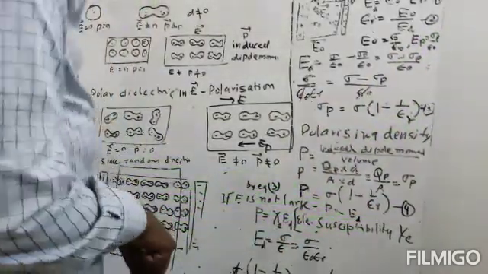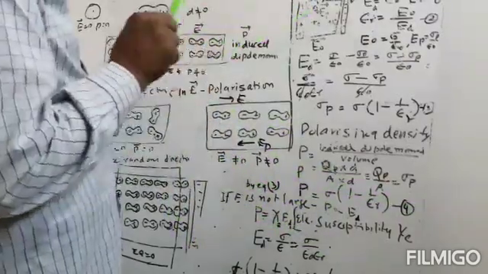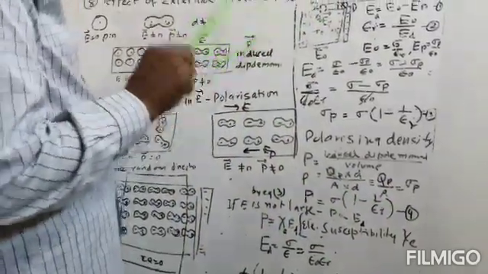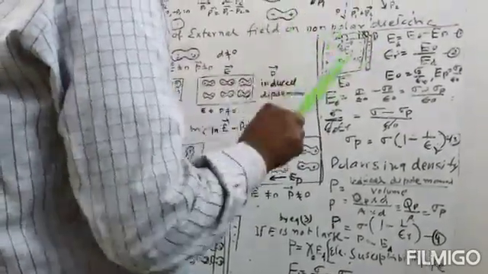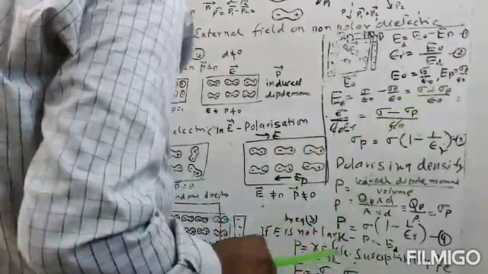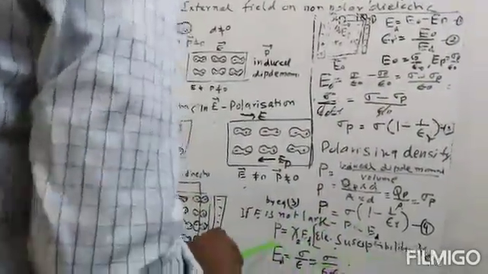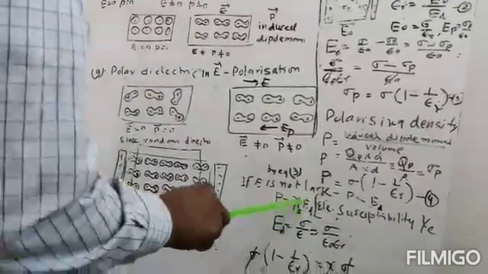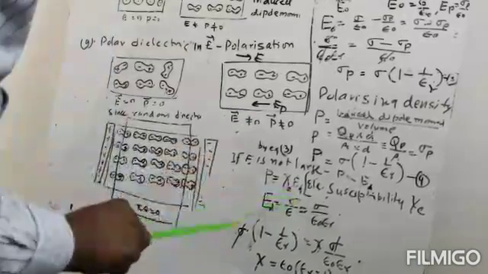Now, if we increase the electric field, as the electric field is increasing, then the alignment of the molecules will be more. Means the dipole moment will be increased. So dipole moment will be proportional to the electric field. Then the proportionality constant is chi e, which is known as the electric susceptibility.